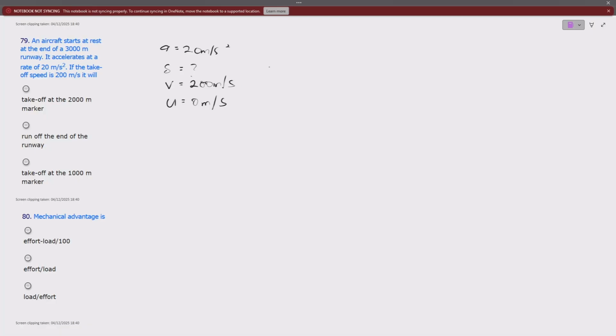So from the parameters given, we could use the formula v squared equals u squared plus 2as. Making s the subject, you're going to get v squared minus u squared divided by 2a. So s equals 200 squared divided by 2 times 20.